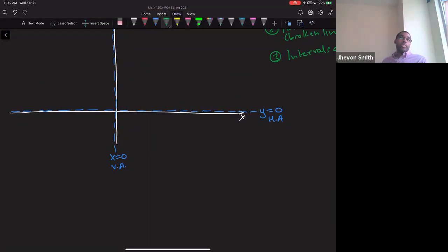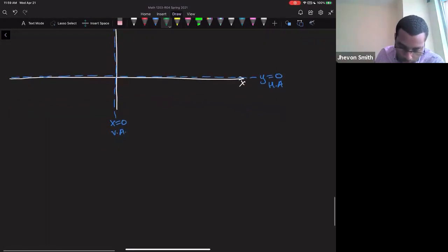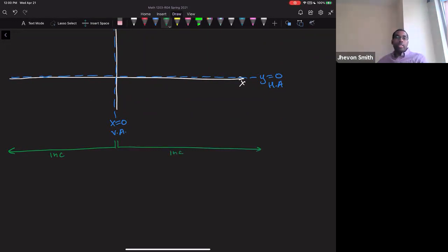I know it's increasing from negative infinity to 0, and it is decreasing from 0 to infinity. So I can put that in here. So from 0 all the way back, I know it's increasing. And from 0 all the way forward, I know it's increasing. So again, the increasing isn't a part of the graph. That's just me blocking out the interval that I know I want.